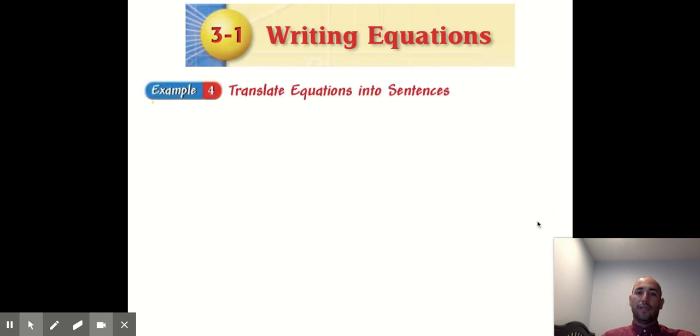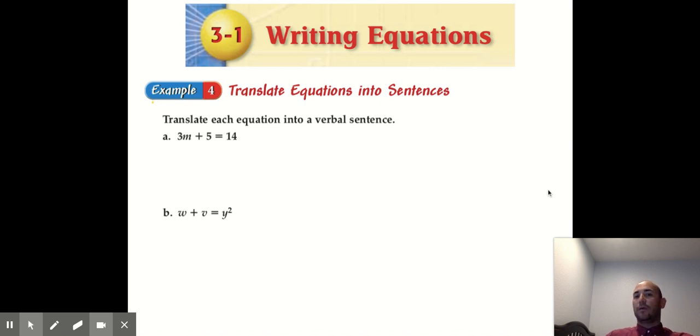So let's translate each equation into a sentence. In this example, we're given 2 different equations, and we're asked to translate each one into a verbal sentence. If I were just to read it, 3m plus 5 equals 14. Here are the words: 3 times m plus 5 equals 14.